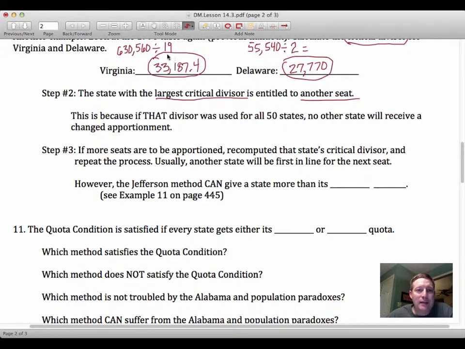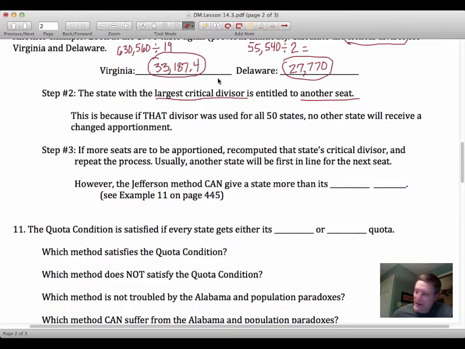So the 8 states that had the highest critical divisors would be the 8 states that get the extra seat. So Jefferson's method is a little more complicated than Hamilton's method. You have to calculate all the critical divisors for all the states, and then the 8 highest critical divisors are going to be the states that get the extra seat. So it's a little work, but it's not as much work as if you had to do it 20 or 30 times for every single state. That would be a lot of work.